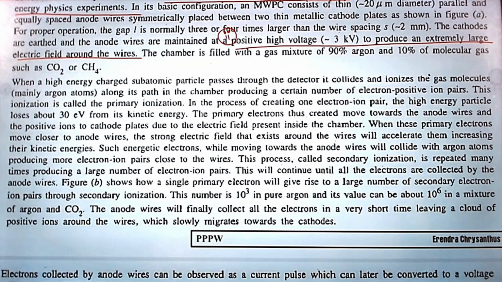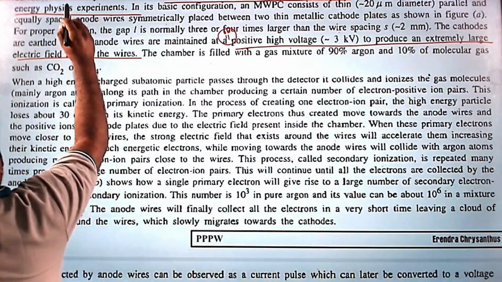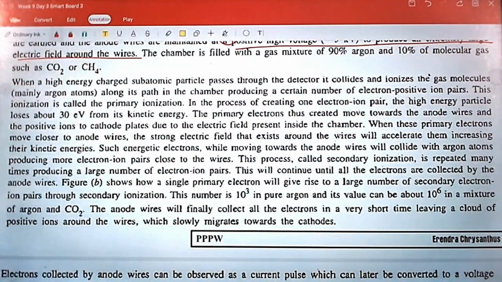When these primary electrons move close to the anode wires, strong electric fields exist around the wires which accelerate them, increasing their kinetic energy. Such energetic electrons moving towards the anode wires will collide with argon atoms, producing more electron ion pairs close to the wires. This process is called secondary ionization. I think the answer is already there.